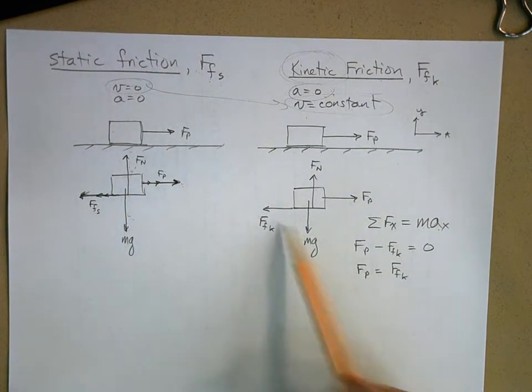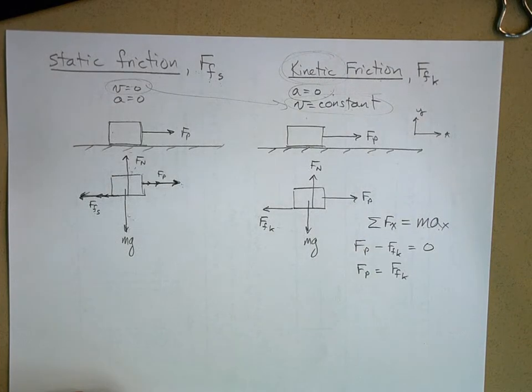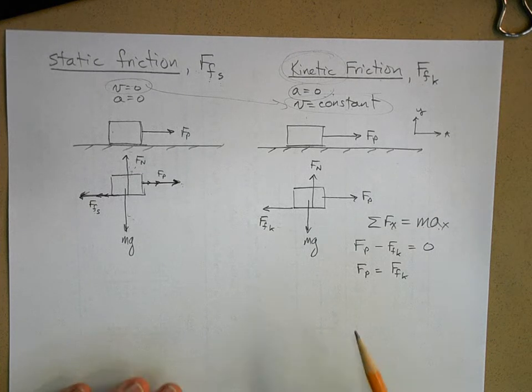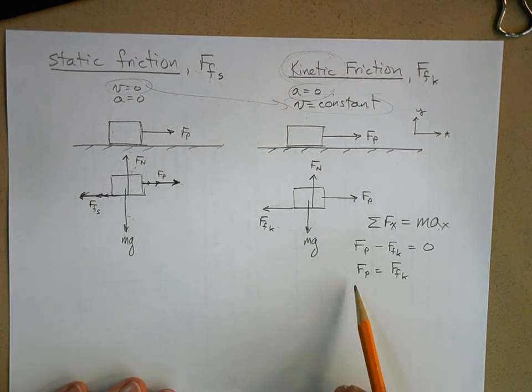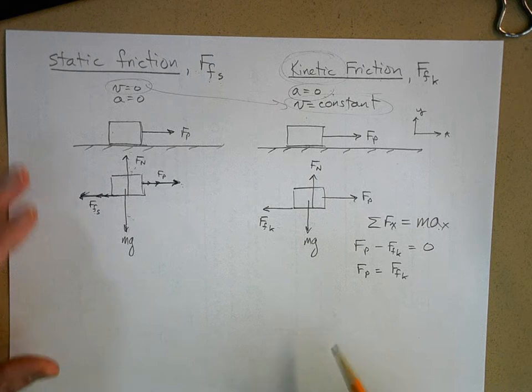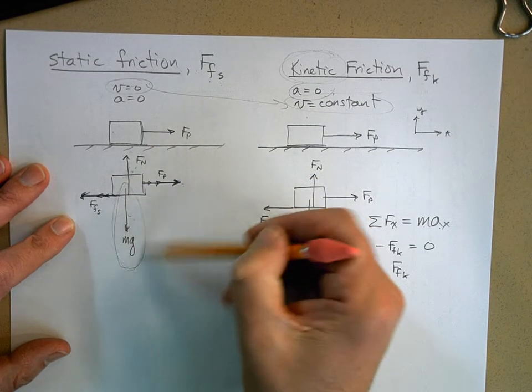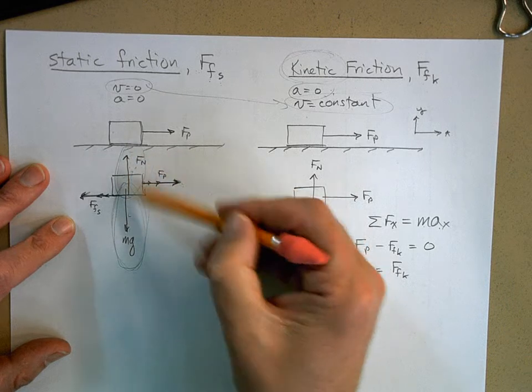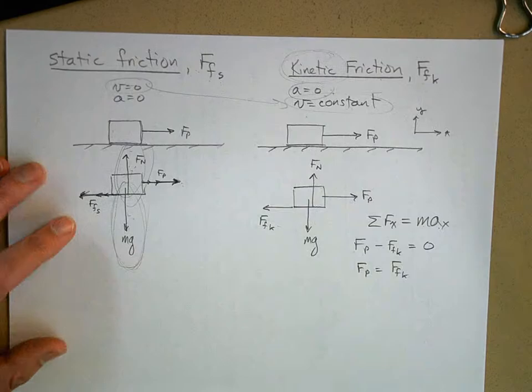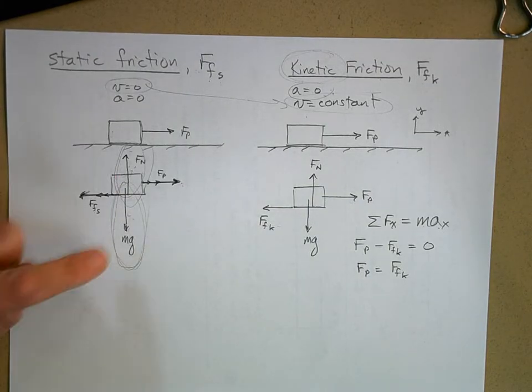But we're going to say for the purposes of this lab, we're going to do this. Now, I think what you can see is that if you measure the weight, you really know what the normal force is. We can't directly measure normal force, but we can directly measure weight.